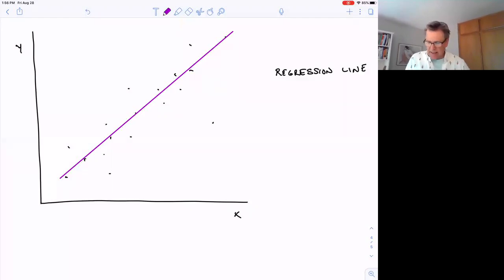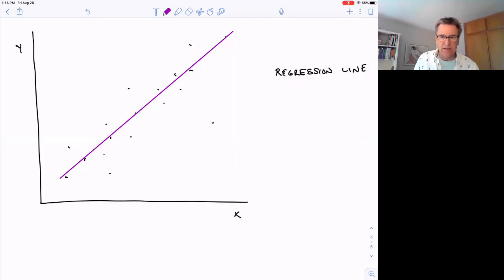Then we can look at that line and say, well, looks like there is some positive association between x and y. Of course, there's outliers that don't fit on this line, and some are way off. But in general, it looks like there's this association between x and y. It doesn't mean that x causes y necessarily to occur.